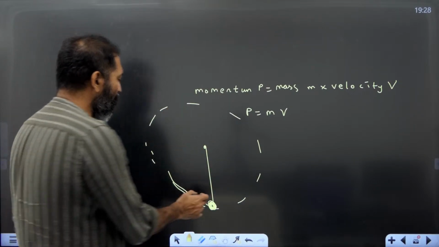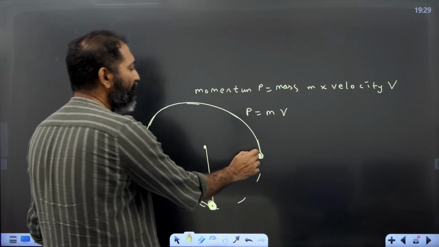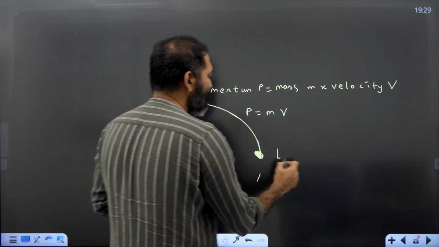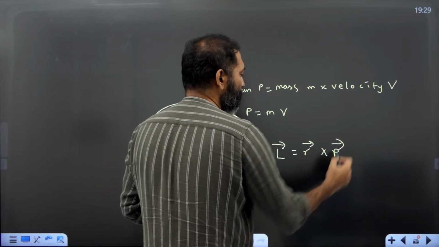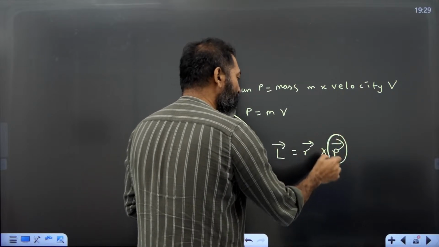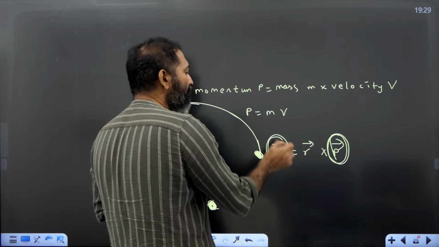When the stone hits you after the rotation, it will be really painful, because it has angular momentum, which is L vector, R vector cross P vector. That is the relation between linear momentum, the momentum in translatory motion, and momentum in rotational motion.